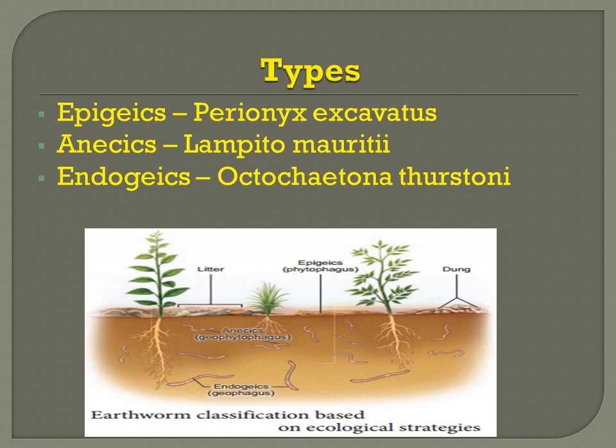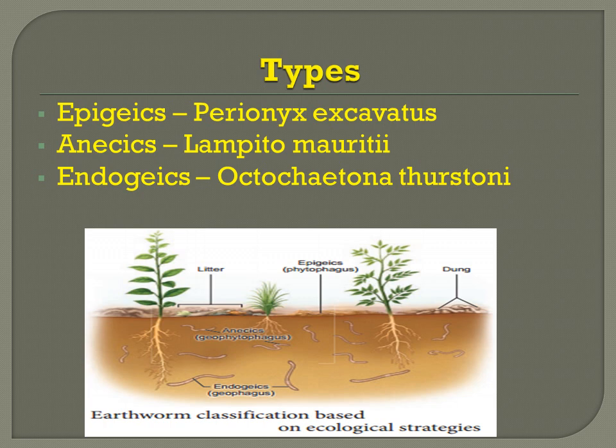The first one, epigeics, means on the soil. For example, Perionyx excavatus is an epigeic type, which means it lives on the surface of the soil. That's why it is known as epigeic.